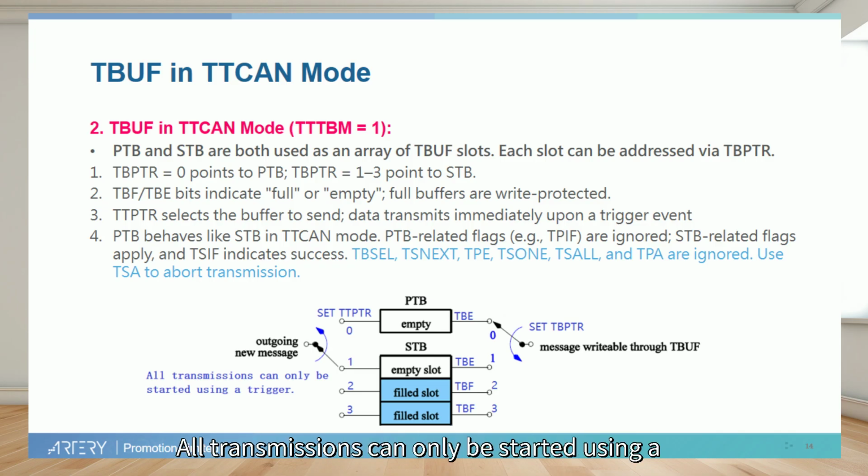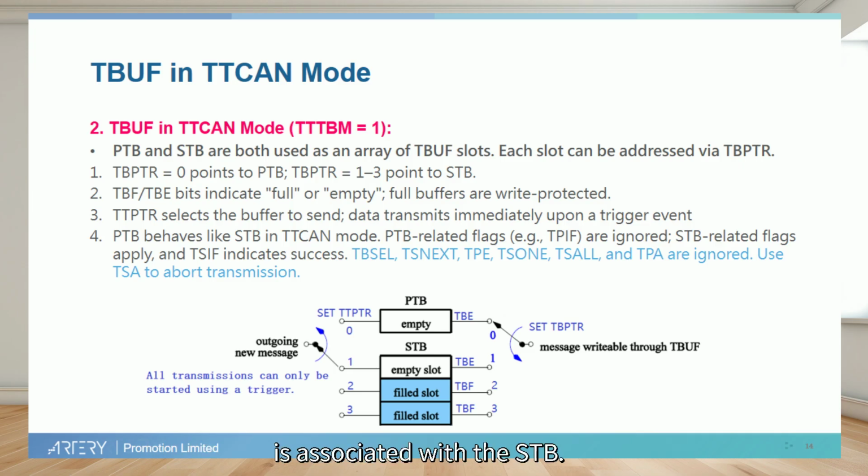All transmissions can only be started using a trigger. When a trigger event is detected, the selected message is sent immediately, and an interrupt is generated to signal the host that the next action needs to be prepared. In addition, PTB has no special properties in TTCAN mode and is associated with the STB.